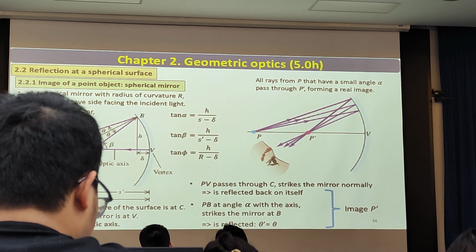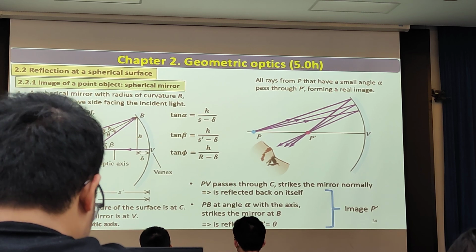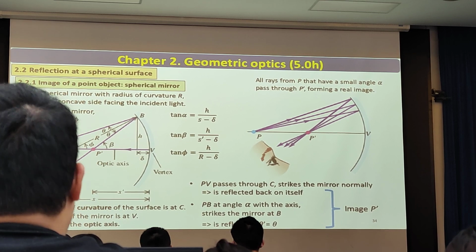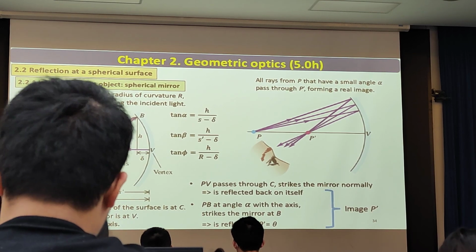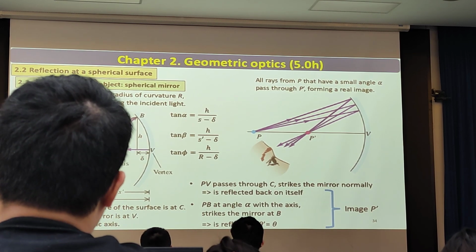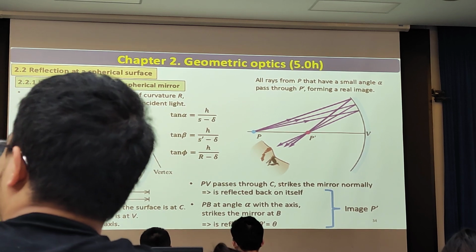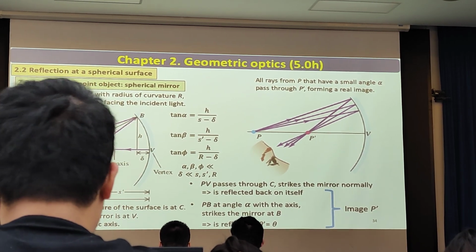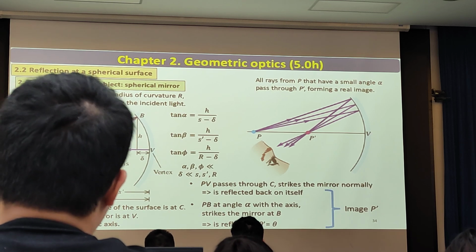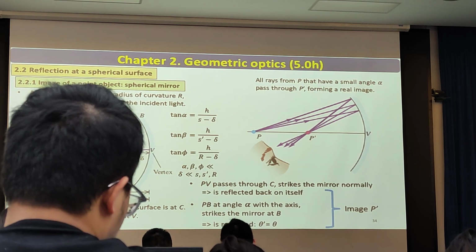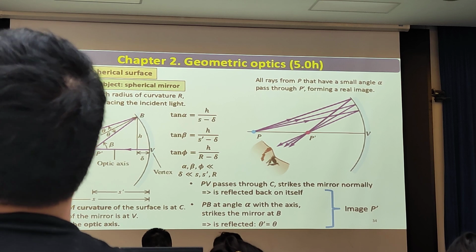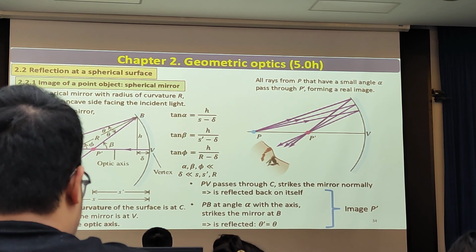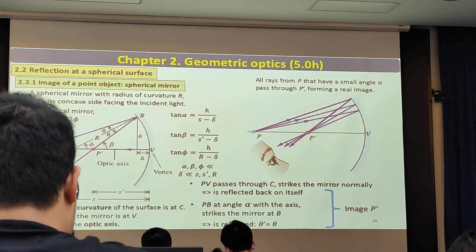And in physics, we use math a lot, and we will also use approximation. Especially in this part, you will consider only the case in which alpha, beta, and phi are very small, or the incoming rays seem to be parallel to the optical axis, which we call paraxial.